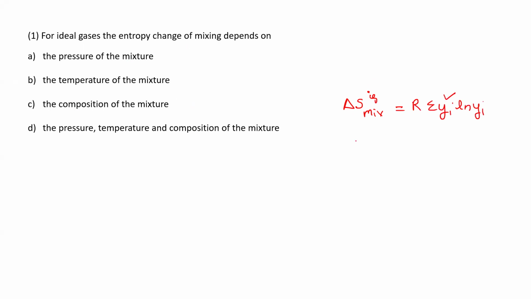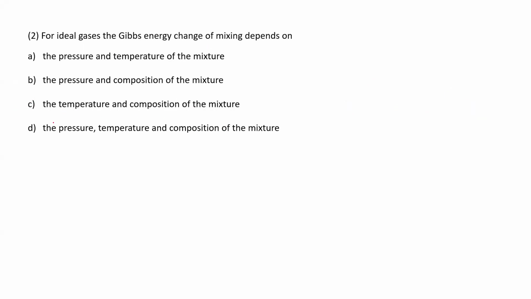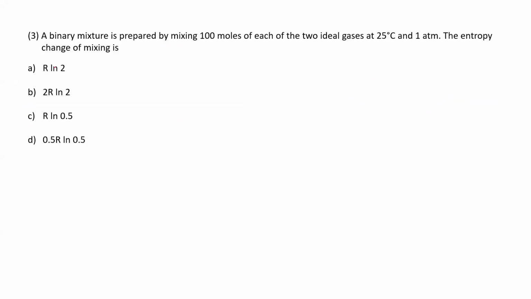So it only depends on the mole fraction, the composition of the mixture. Now, the Gibbs energy change of mixing depends on what? Delta G mixture ig equals RT sigma Yi ln Yi, right? So it depends on the temperature and composition of the mixture.